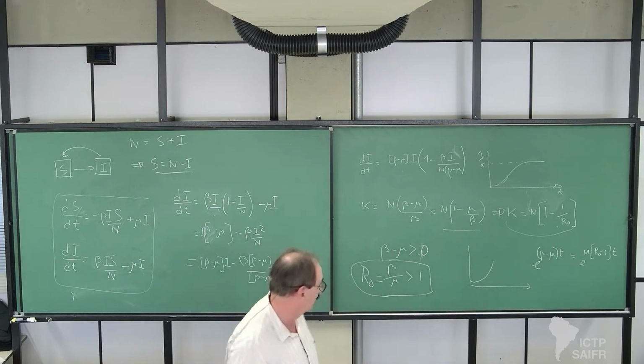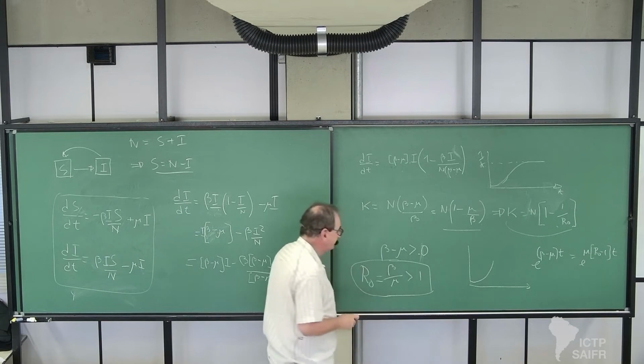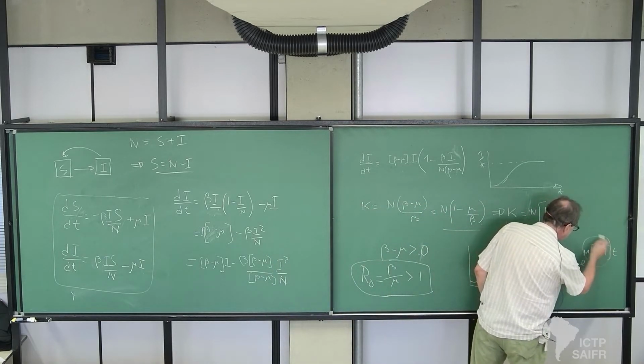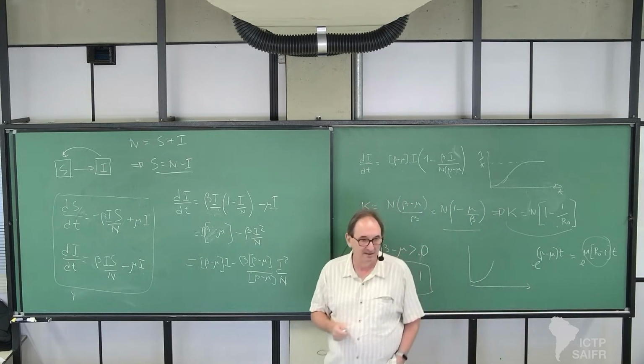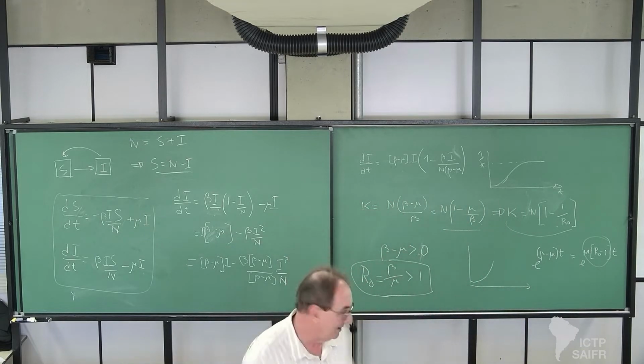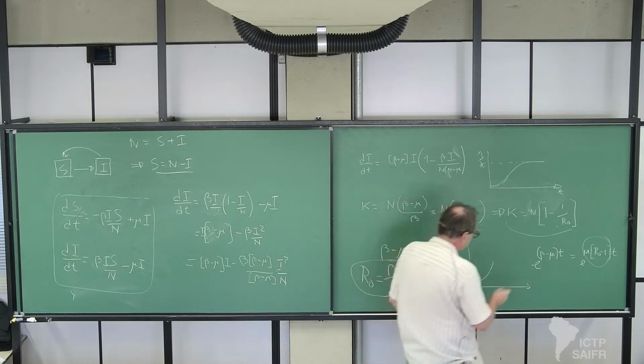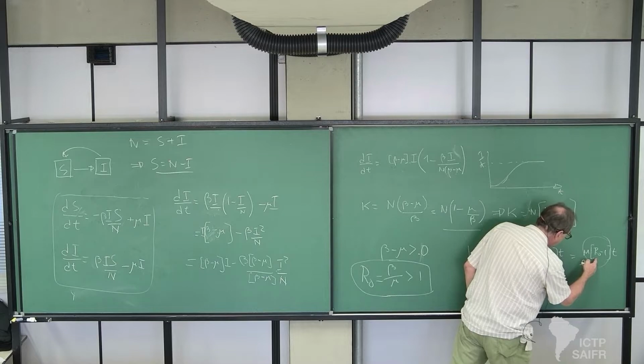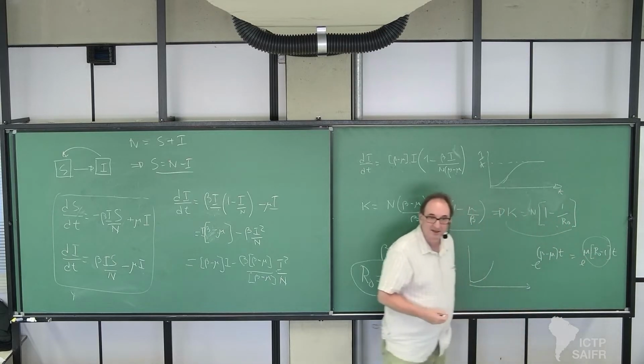But you have a problem, which is you can only measure this thing here. This is the thing that you can fit, but it's not R0. It's mu times R0 minus 1. Okay?